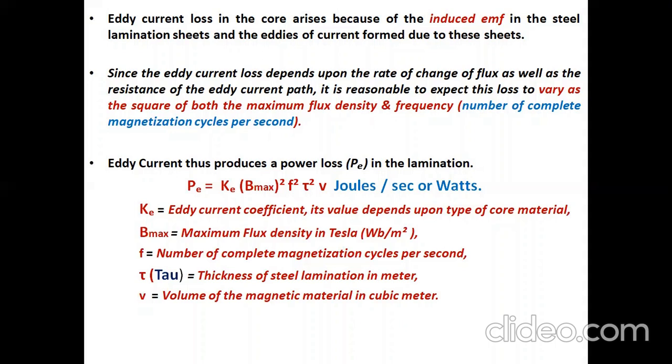Tau is the thickness of steel lamination in meters. V is the volume of the magnetic material in cubic meters. So PE equals Ke Bmax square F square tau square V, joules per second or watts.